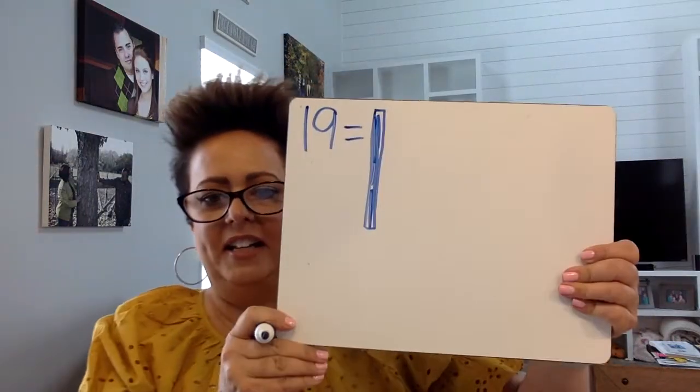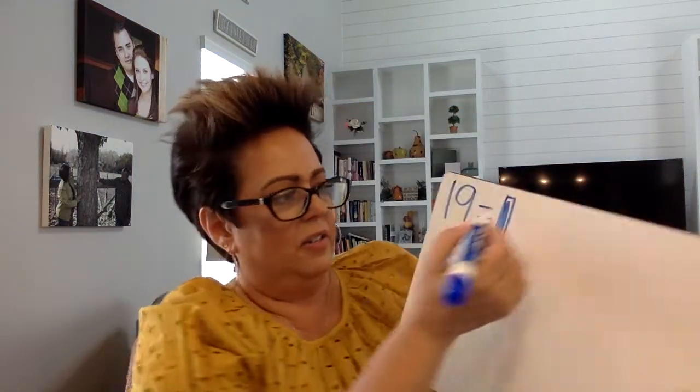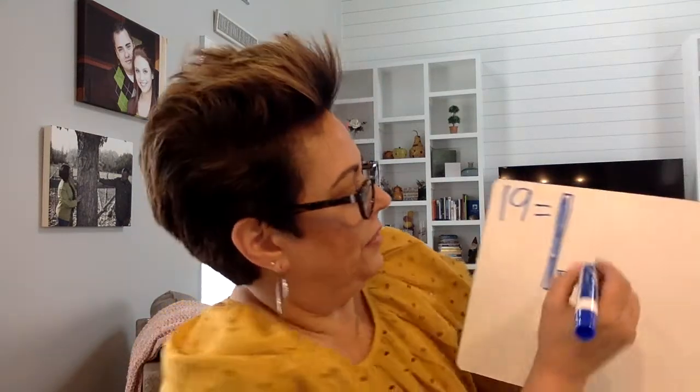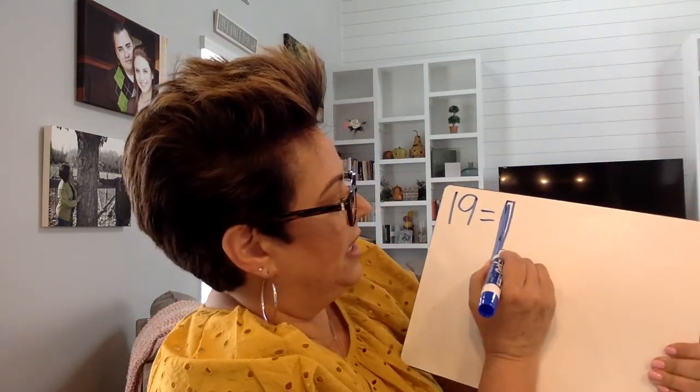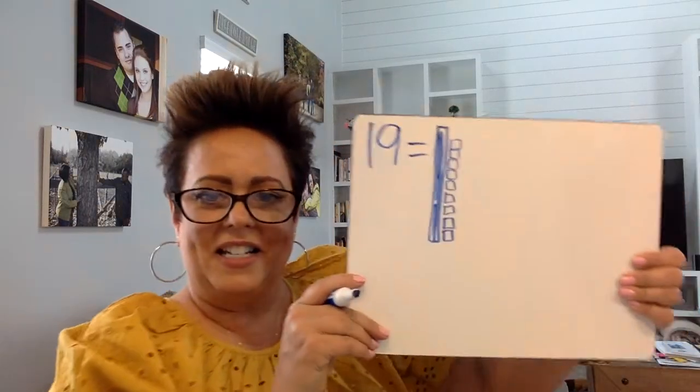There's our 10. Let's count and add our ones to show 19. We say 10, 11, 12, 13, 14, 15, 16, 17, 18, 19.